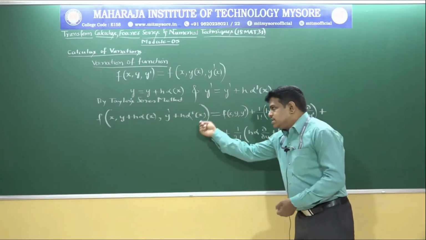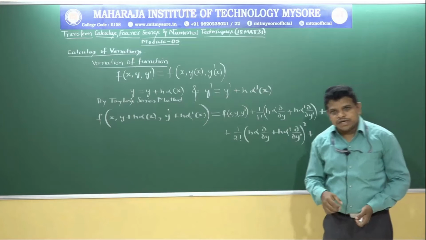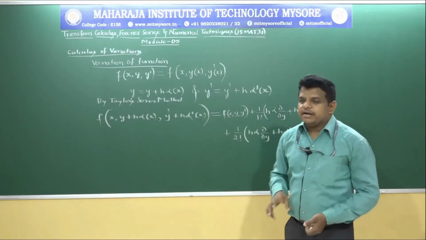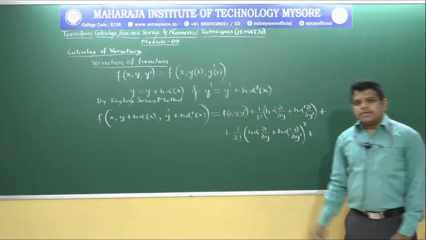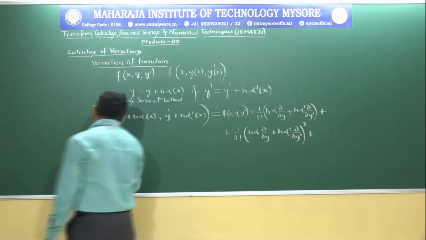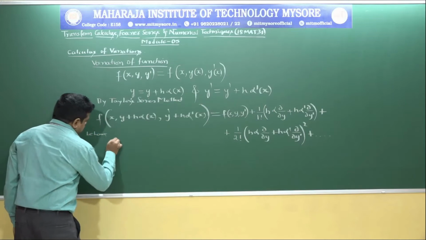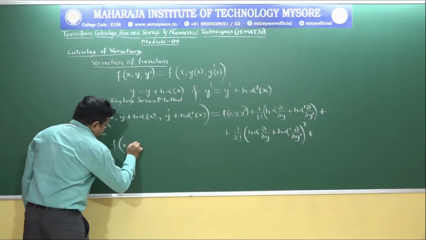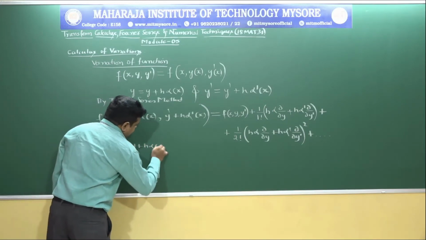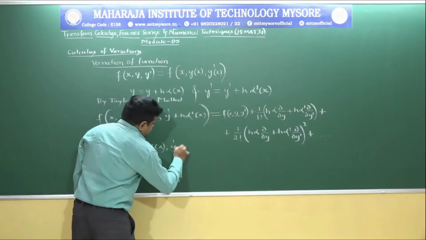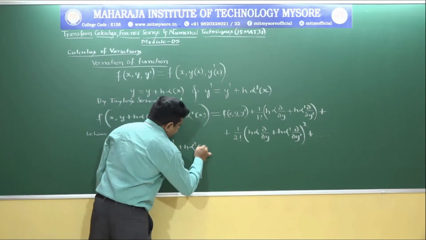Now, since h is the small parameter which is independent of x, we can neglect the second and higher order derivative, so that we have f of x comma y plus h into alpha x comma y dash plus h into alpha dash of x.